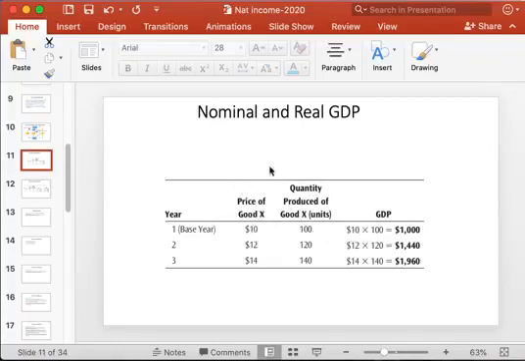So you can see the nominal GDP calculated here for the year 1, which is equal to the price of good, for example X, which is $10, into the quantity of good X, which is 100 units here, and the GDP for year 1 is equal to $1,000.